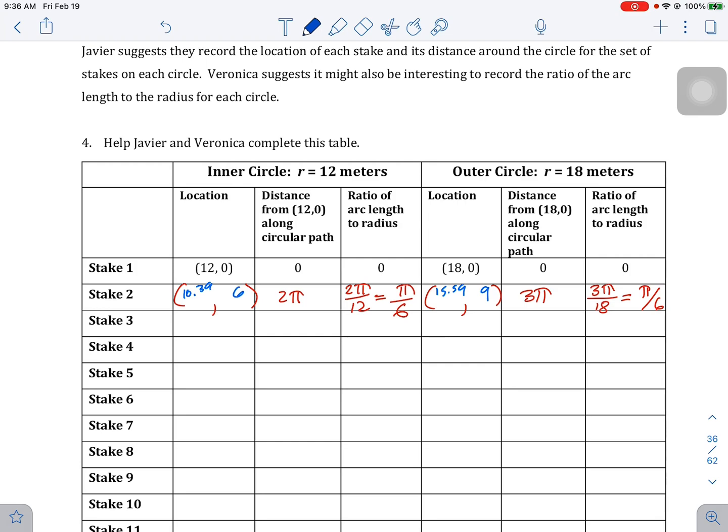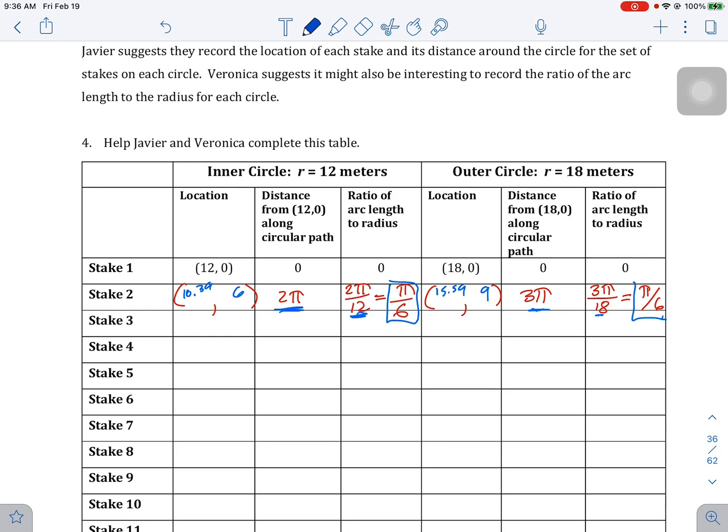The distance that we measured was 2 pi and 3 pi, and the ratio of that arc length divided by the radius, which was 12 or 18, was pi over 6.